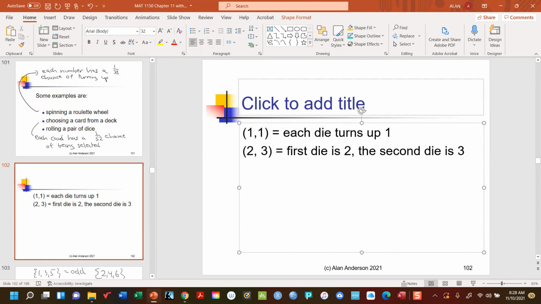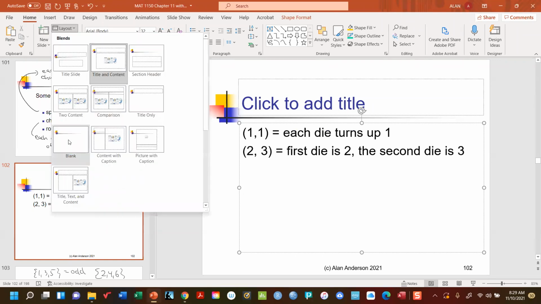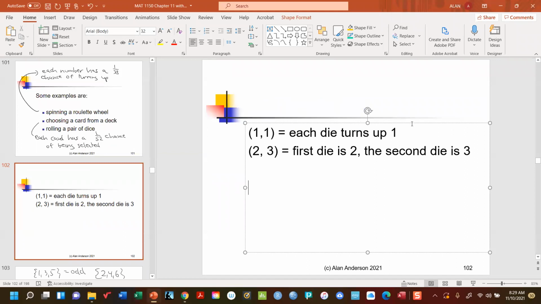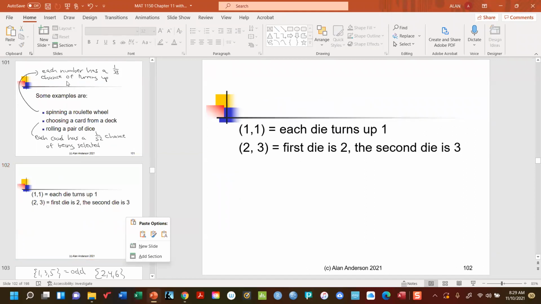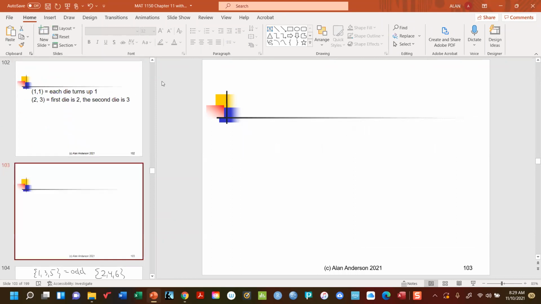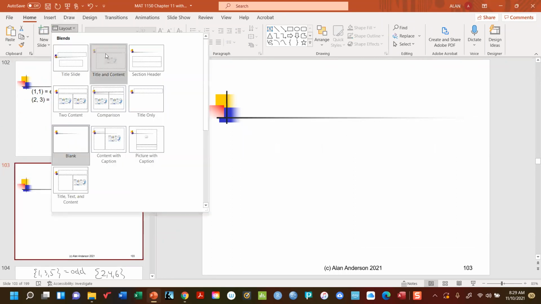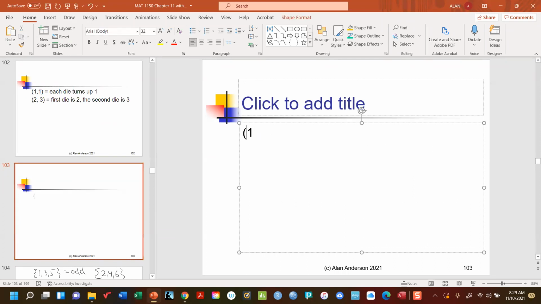By doing that, if you were to write down all the possibilities, you would discover that there's actually 36 things that can happen with a pair of dice. What would they be? You could have 1, 1, 1, 2, and that would go all the way up.